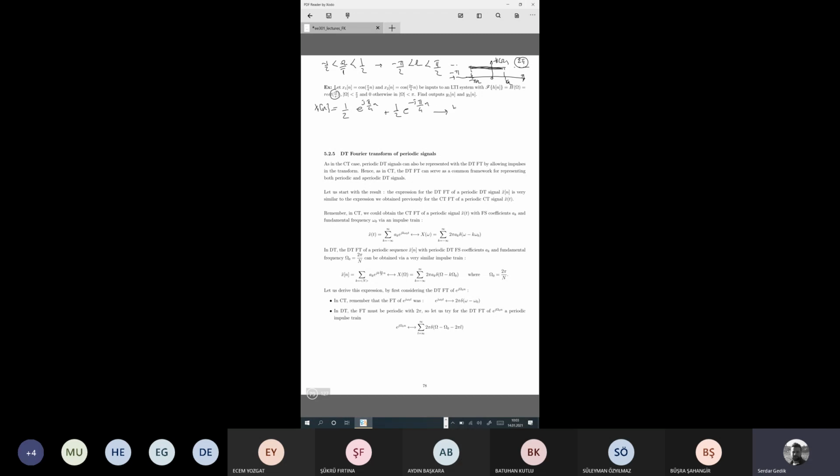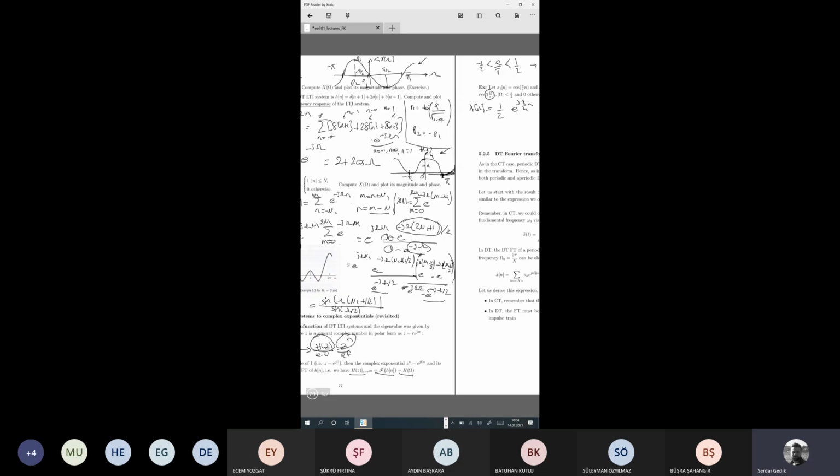If this is the input to your system defined by h of n, at the output I have 1 over 2 h of omega evaluated at pi over 4 times e to the power j pi over 4 n, plus 1 over 2 h of omega evaluated at minus pi over 4 times e to the power minus j pi over 4 n. So this is nothing but the eigenfunction. This is the eigenvalue.